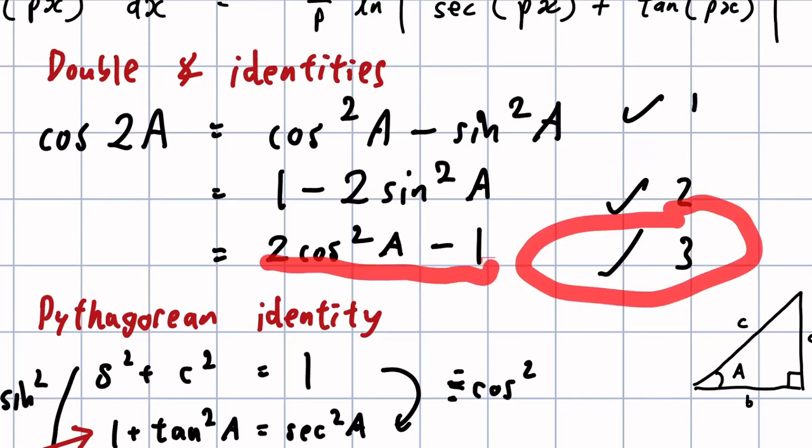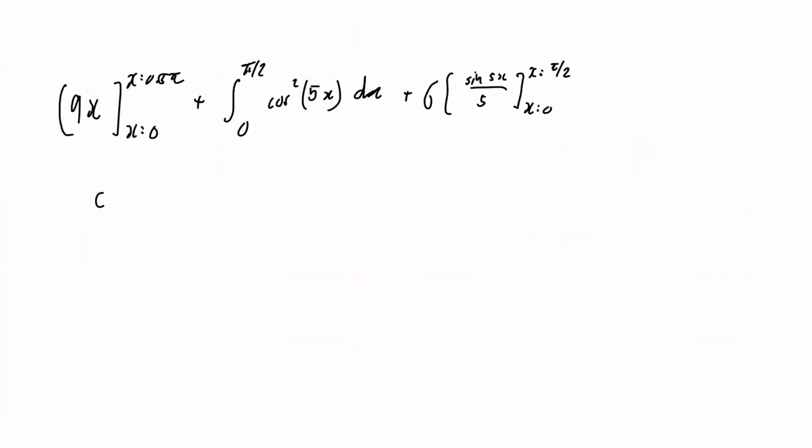So let's do that. I think you know this, right? I think I've seen you do it before, the integral of a square function. I think you just forgot. You start with cosine 2a equals 2 cos square a minus 1. Then you make cos square a the subject.